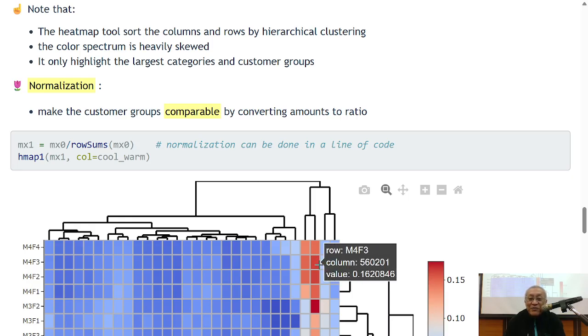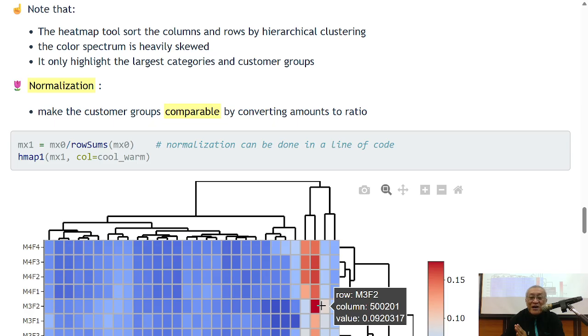Okay, I mean in this cell, it tells us that M4F3 in this group, they spend 16% of their money on category 560201.